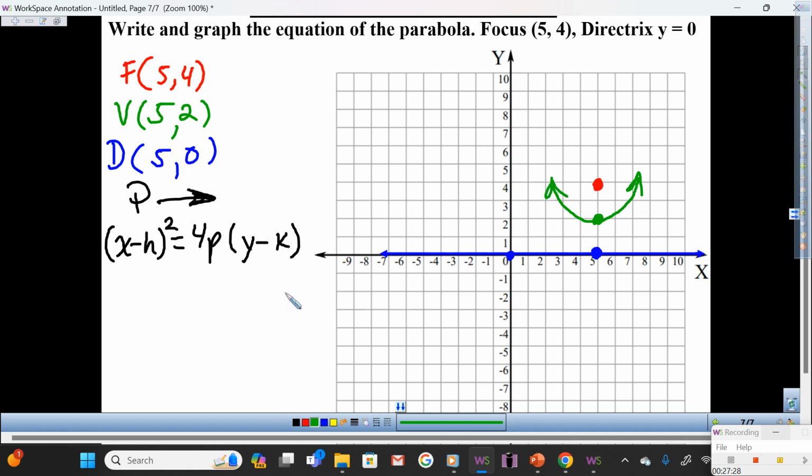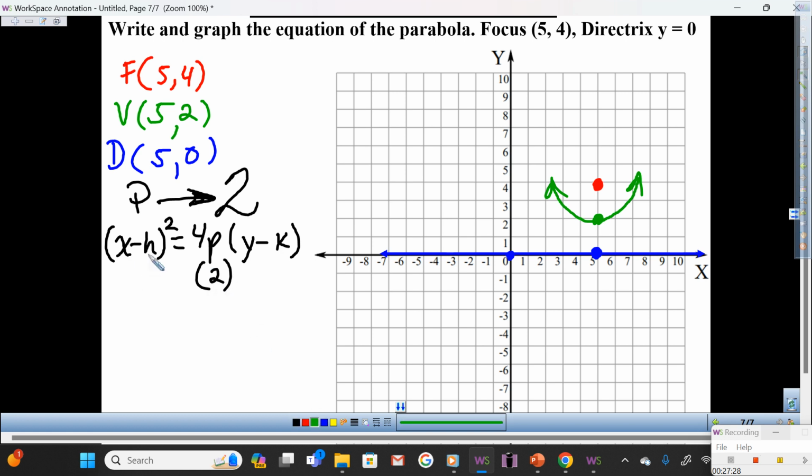Let's go with our equation. Continue from there. Emily P., what do I do? Which is 2, the distance between the points, so that's 2. What else?